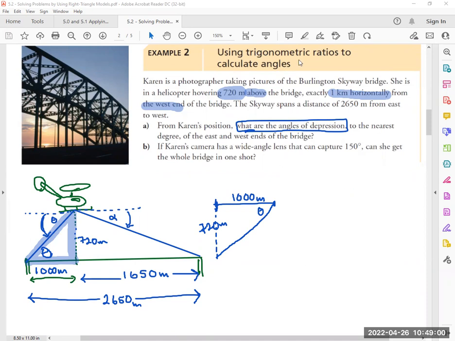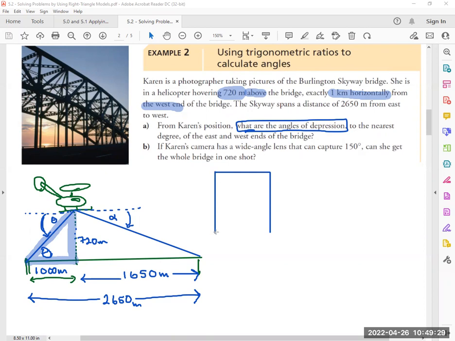So let's focus. I'll draw this a little bit neater. Draw it one more time. Here is the height from the bridge to the helicopter. This is the horizontal distance that is similar to the spanning horizontal distance of 1 kilometer west end of the bridge.